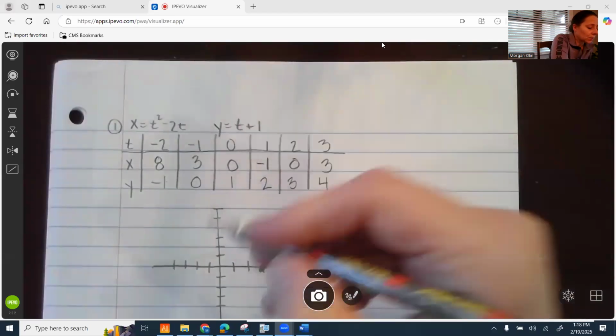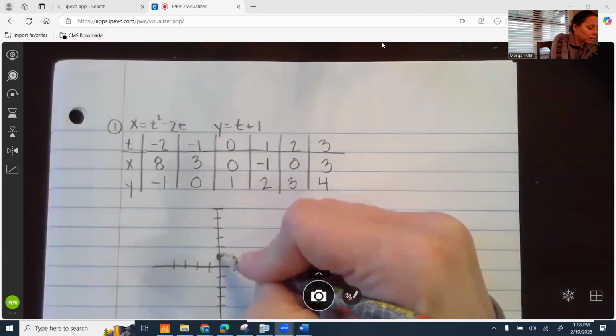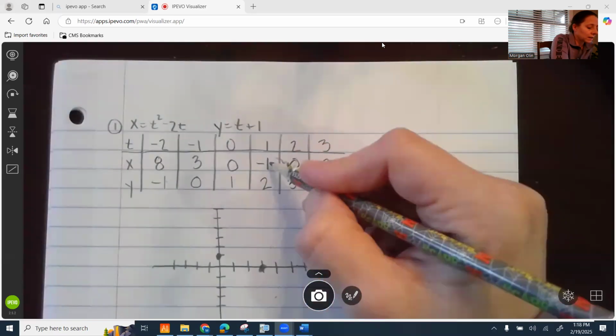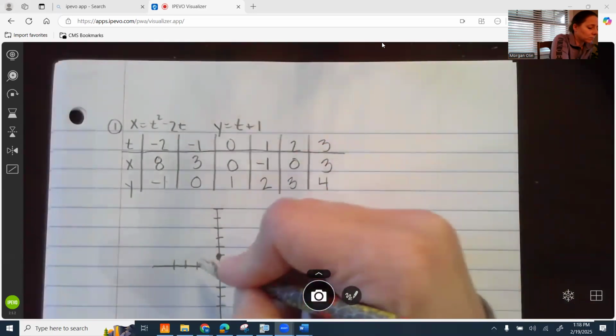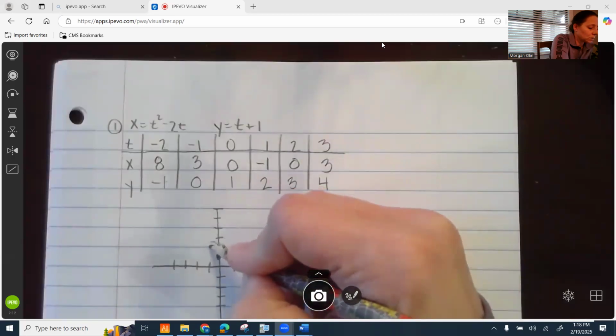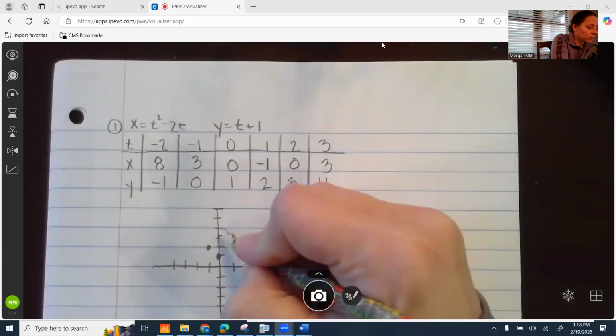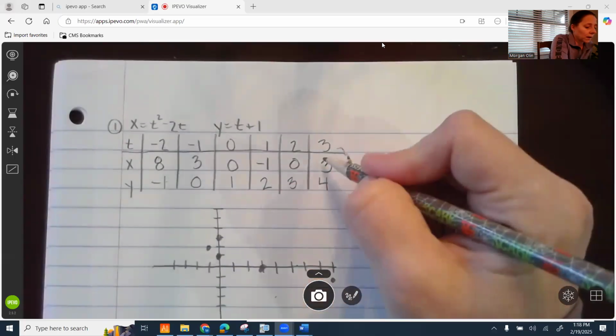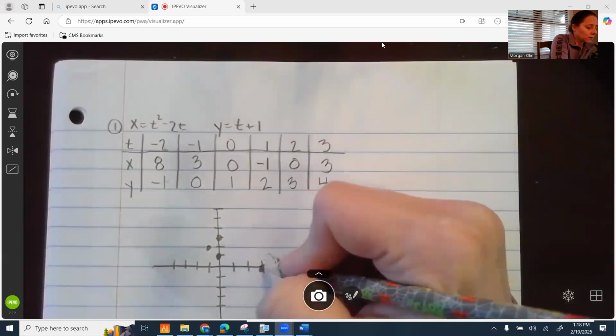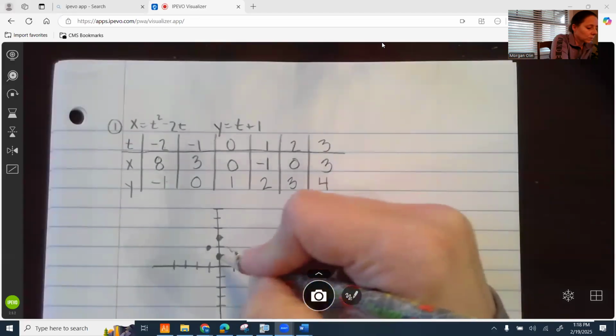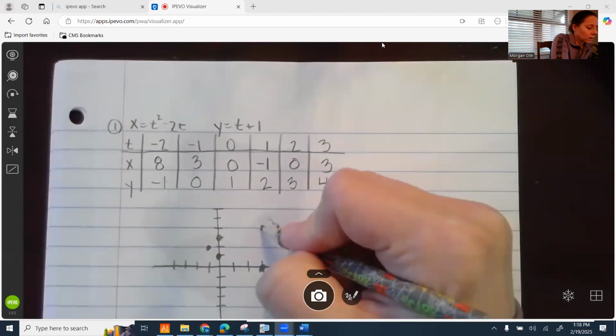Okay, and then at t equals 0, I'm going to 0, 1. When t equals 1, it's -1, 2. All right, then it's 0, 3. Okay, and then 3, 4. All right, like this.